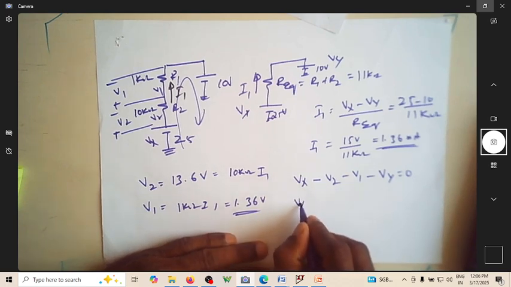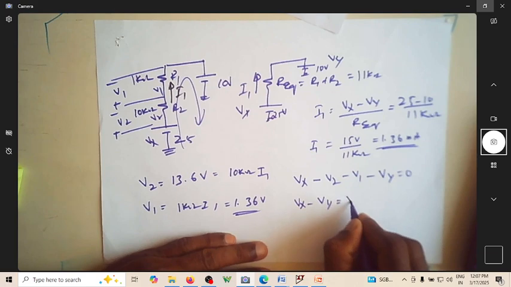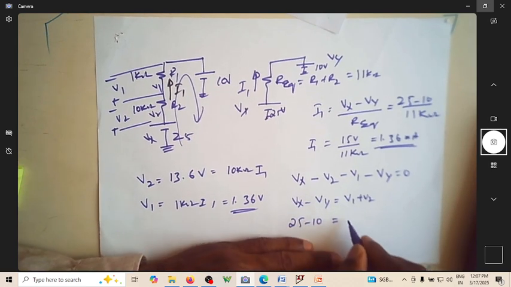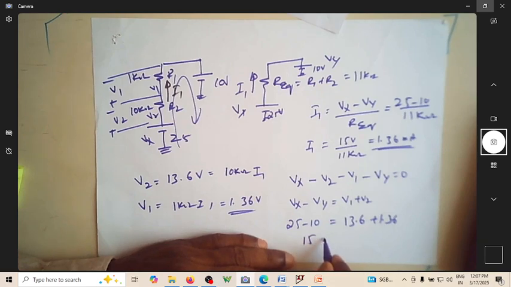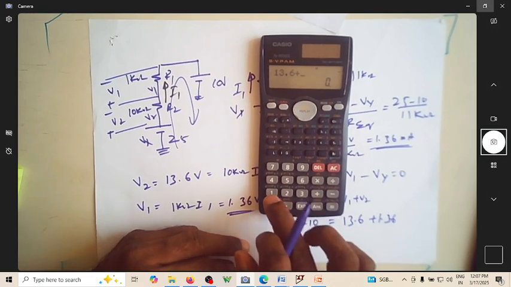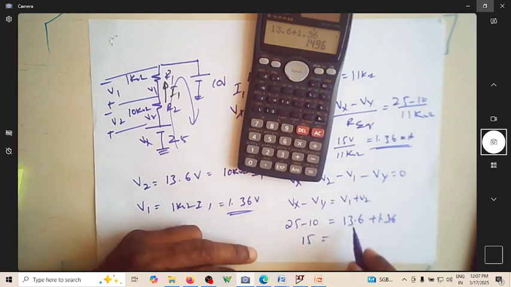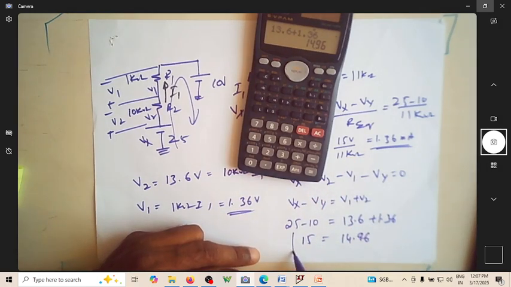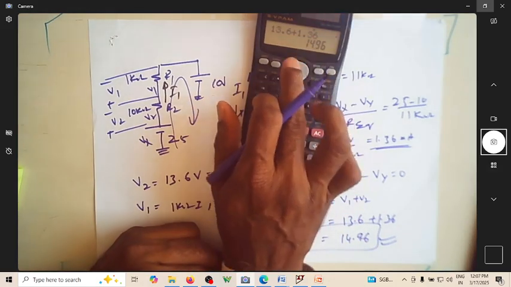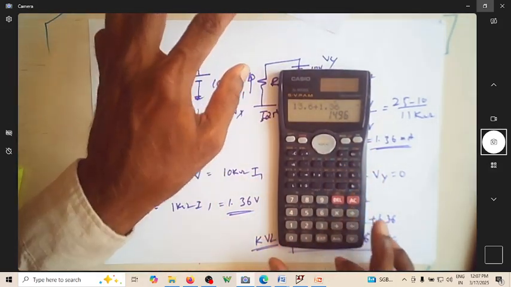So Vx minus Vy is equal to V1 plus V2. This is 25 minus 10 equal to 13.6 plus 1.36. So this is 15. How much is 13.6 plus 1.36? It is 14.96, which is fairly okay. Your KVL is very good. Why it's not exactly the same is because we have truncated the values.